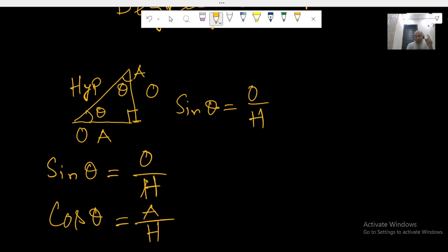So the point to remember here is that the ratios depend on which angle you are considering at the moment. No side is permanently opposite or adjacent.